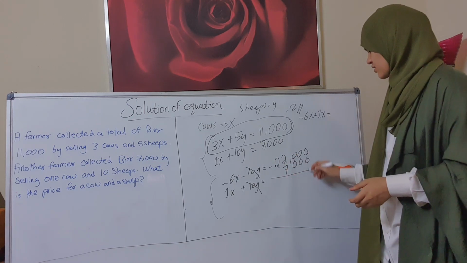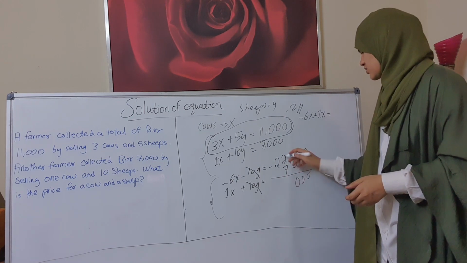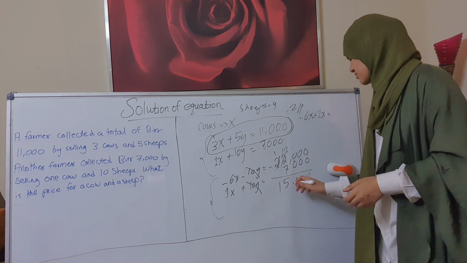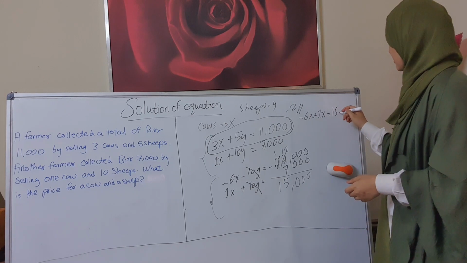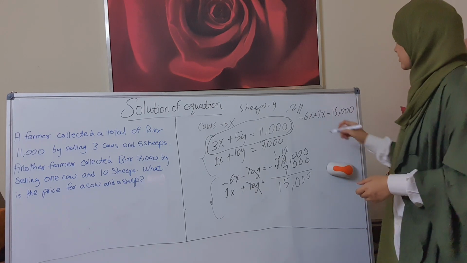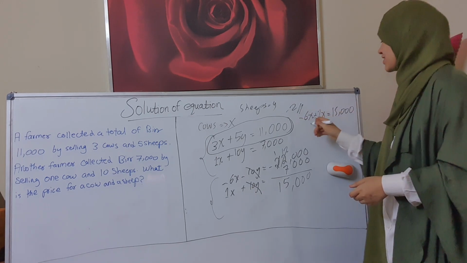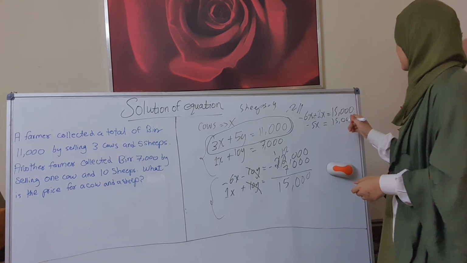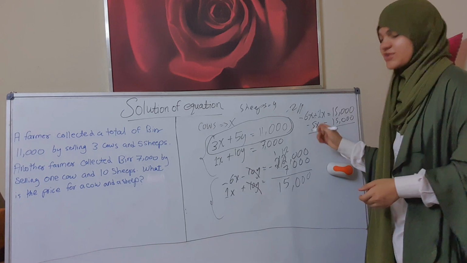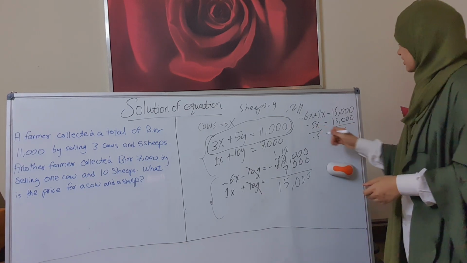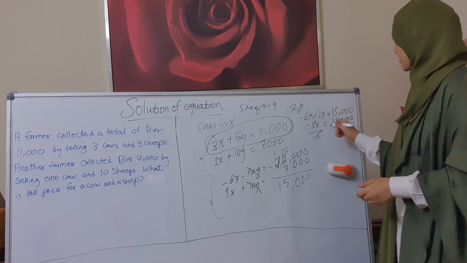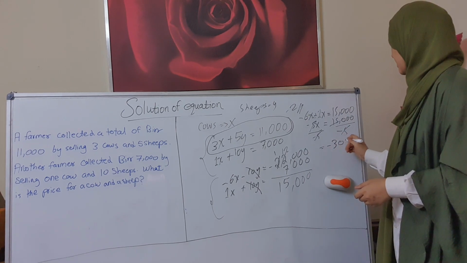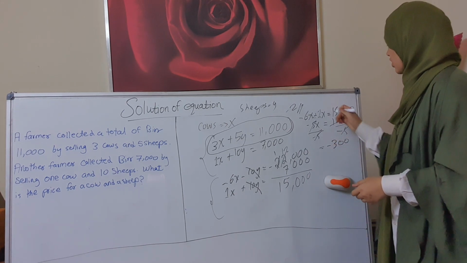So negative 6x plus 1x will be negative 5x, which is equal to 15,000. Then divide by negative 5 on both sides. Then what will we have here? Negative 3,000? No, we will not have a negative.